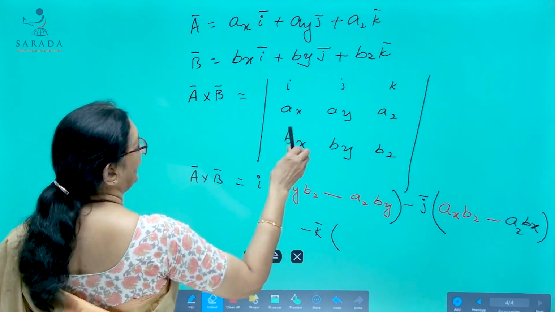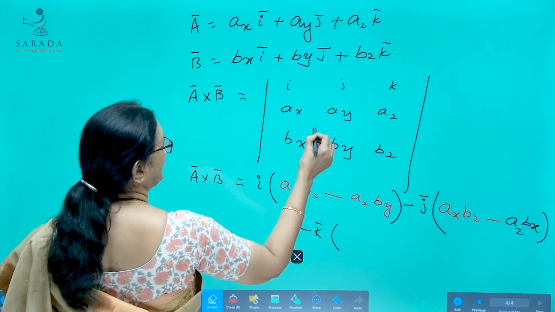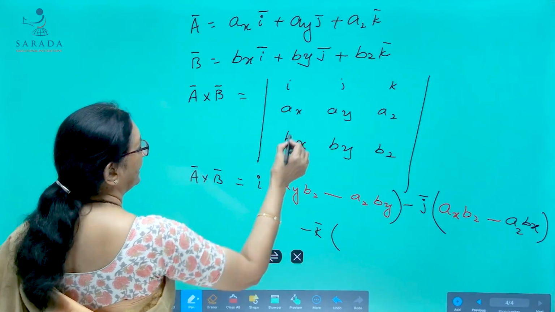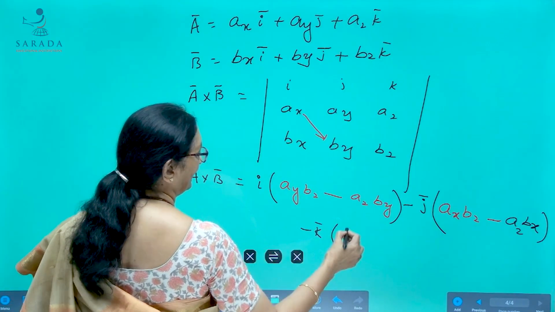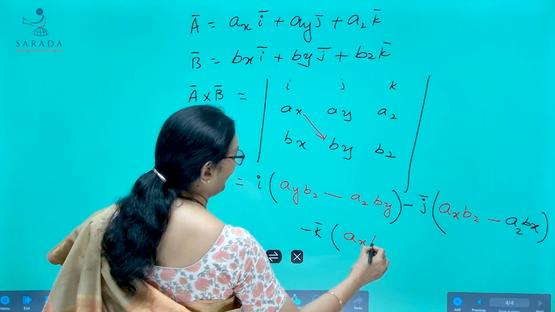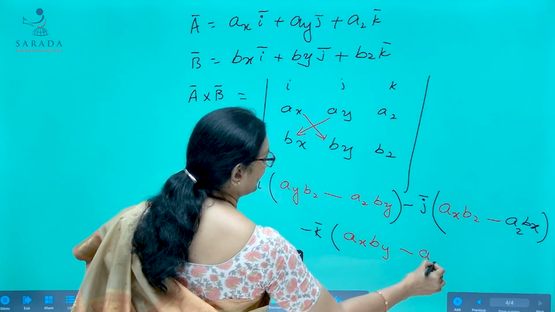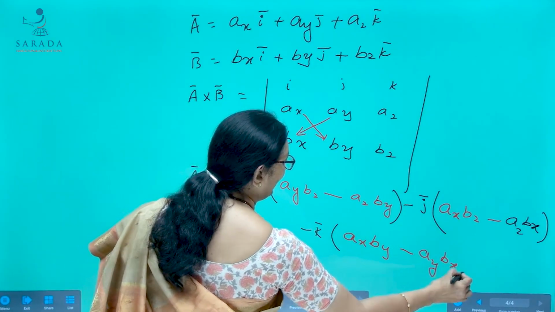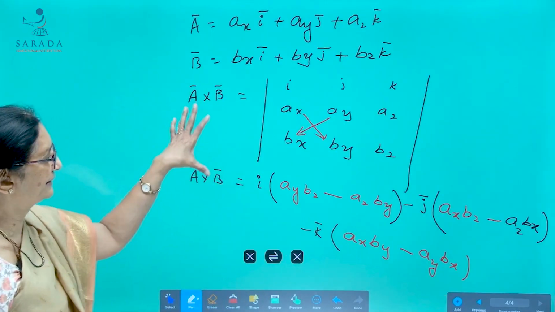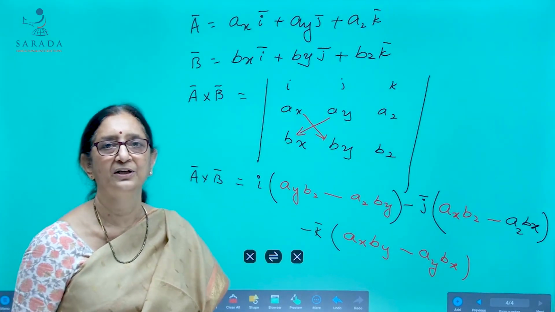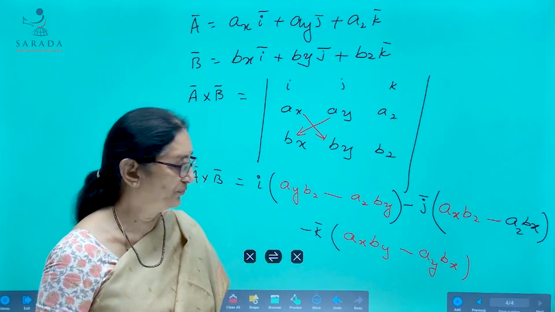Then you will be left with AX BY minus AY BX. So that is how we find out the cross product of two vectors.